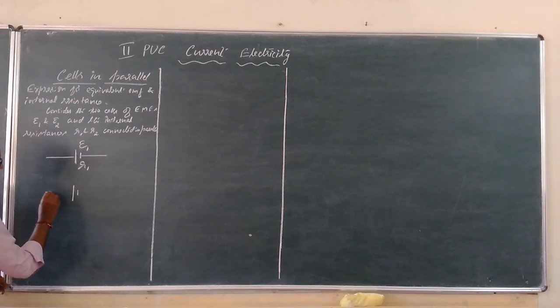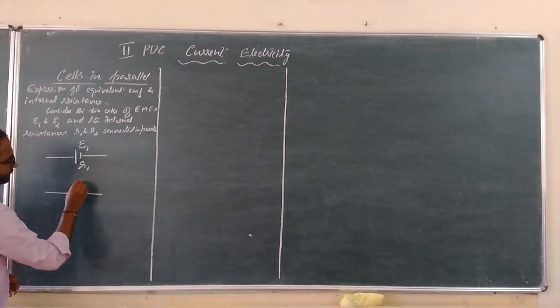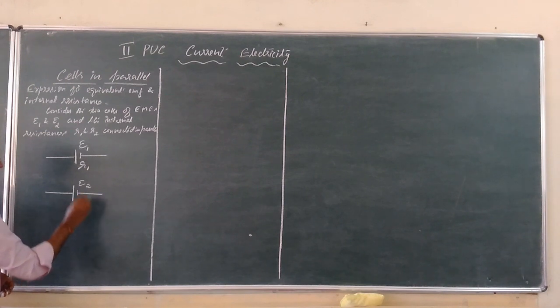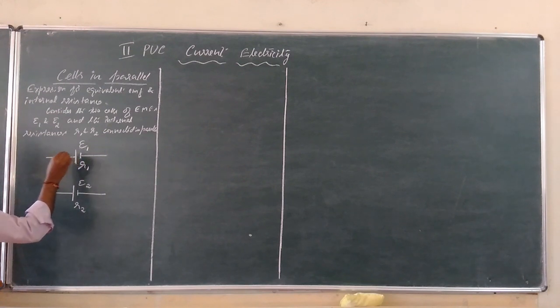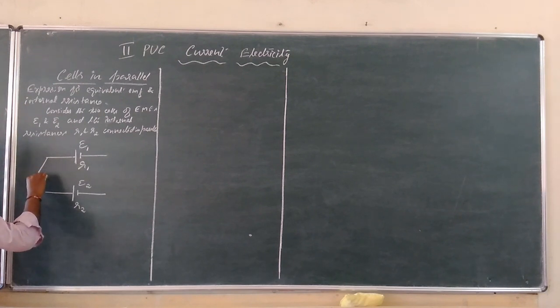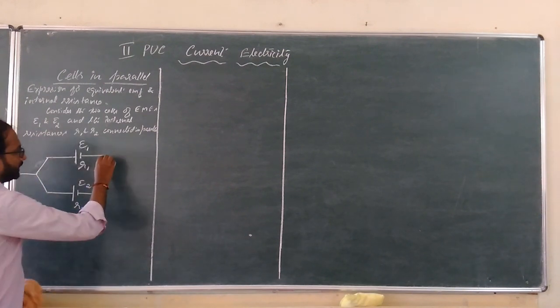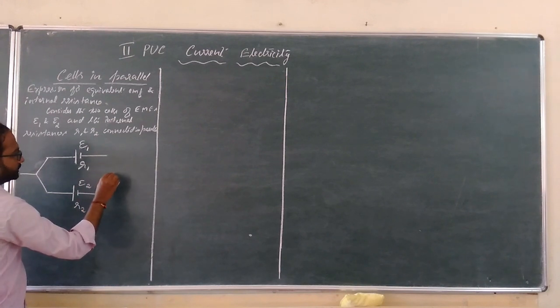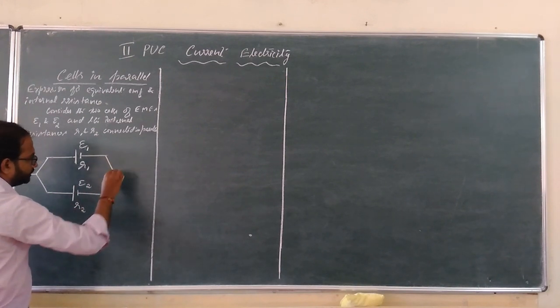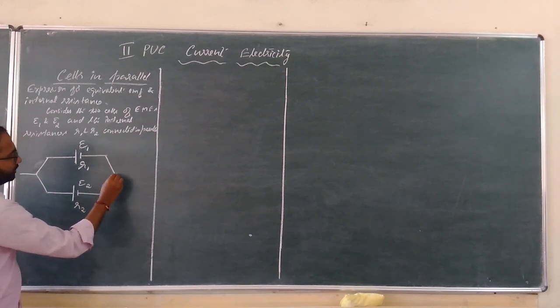There is a second cell of EMF E2 and internal resistance R2, which are connected in parallel such that the positive electrodes are connected together to one common point, and the negative electrodes are connected together to the other common point.